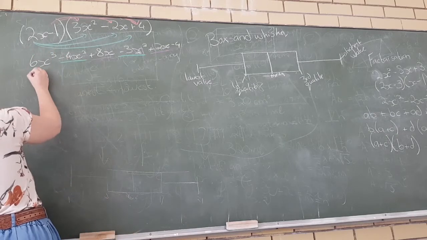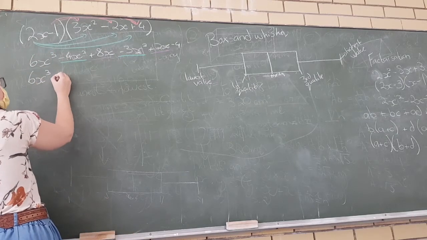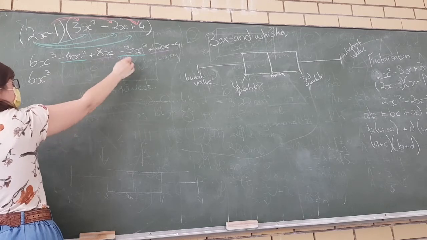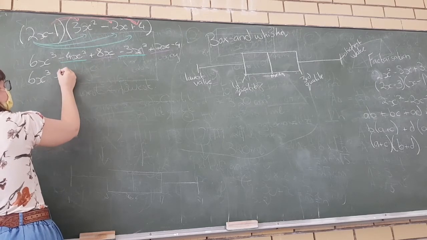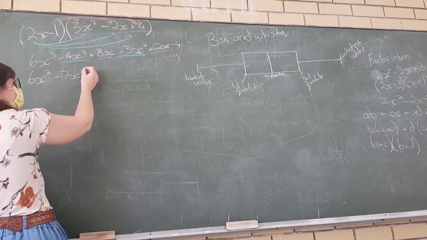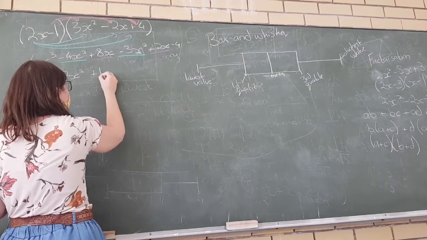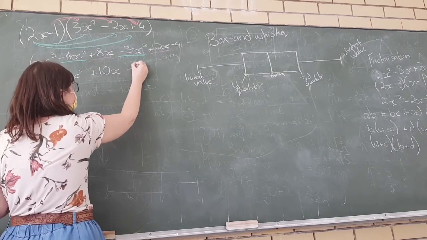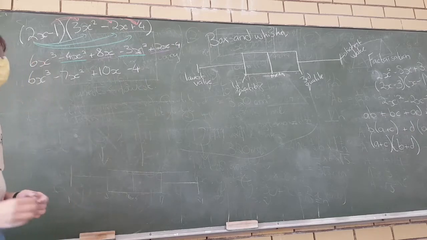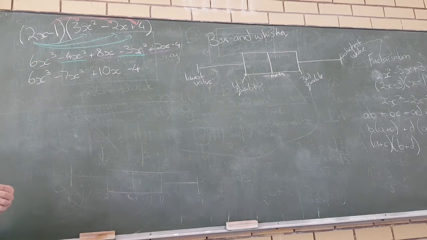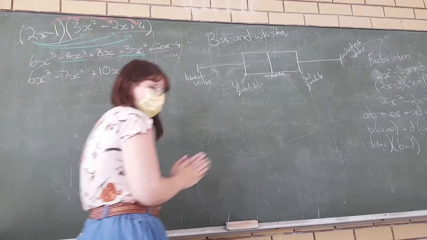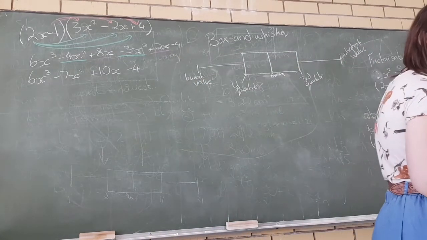So now I end up with 6x cubed. 4 minus 4 minus 3 gives me minus 7x squared. Alright, plus 10x minus 4. Okay, you guys happy with that? Yes. Okay. That's the answer.